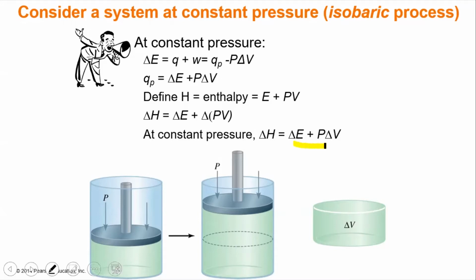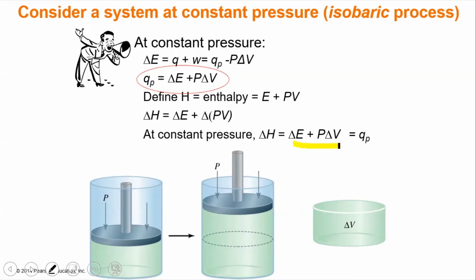See that there? Where did we see that before? Oh, wait a minute. It's right up here. What is delta E plus P delta V? Well, it's actually the heat that was exchanged in this reaction.